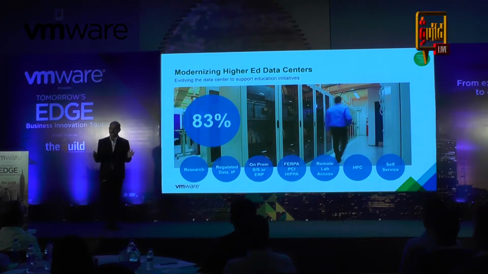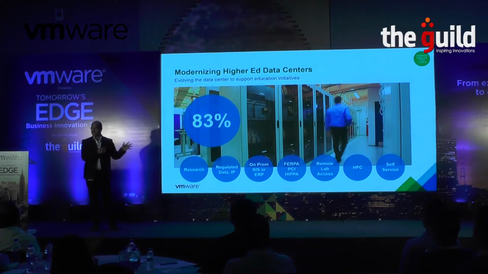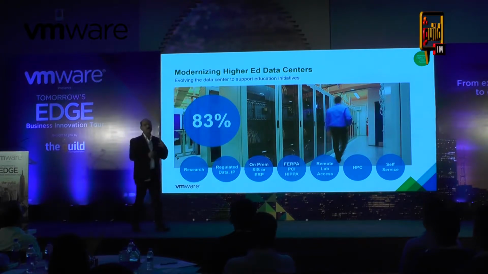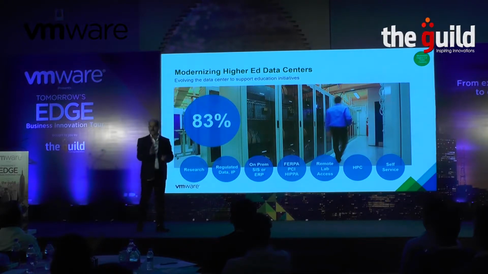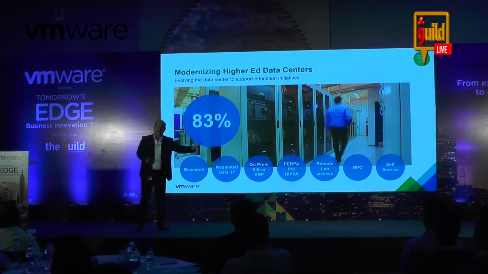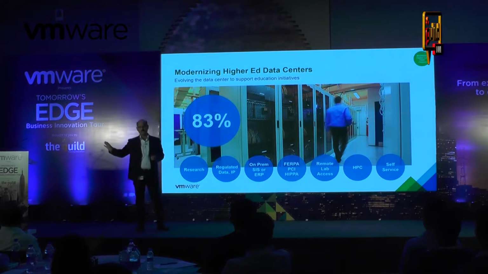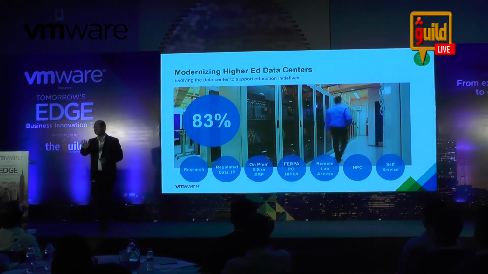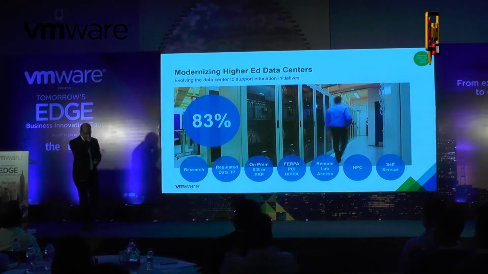To do that, we need to modernize our data center so that you are able to provision your services faster and manage the app life cycle in a better way. It's not only about provisioning, it's about decommissioning as well, so that you can remove services as and when they are obsolete and no longer required in your data center.